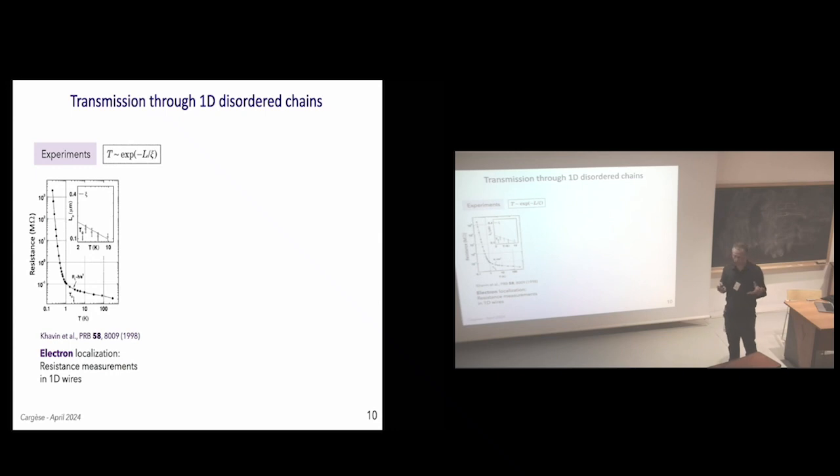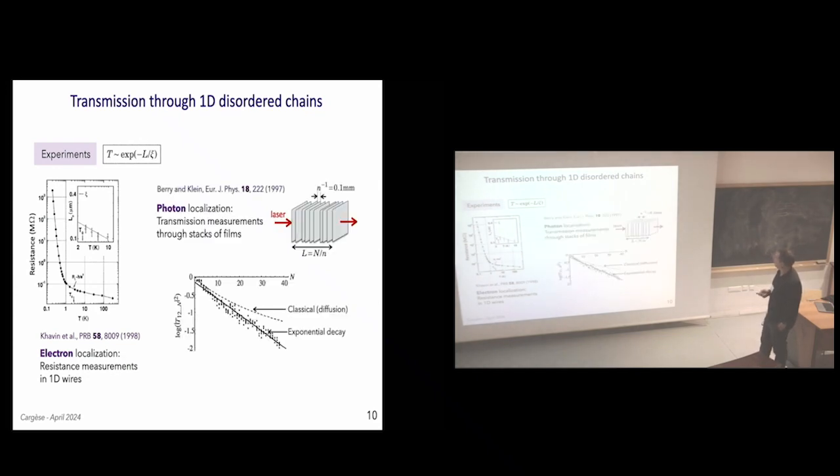It's a very incoherent wave, and since it's very poor, the localization effect, the interference, are suppressed. That's why you have a finite resistance. But as you decrease the temperature, the coherence of the electrons is restored, and you have this growth of the resistance in the limit of zero temperature, so zero conductance. This is a manifestation of an insulator, due to Anderson localization in this 1D wire.